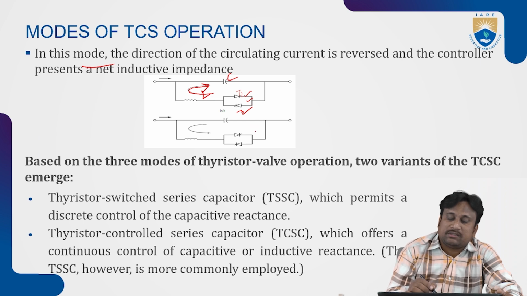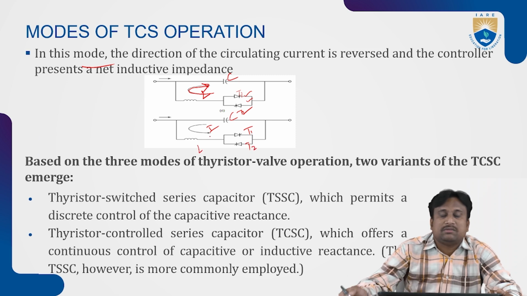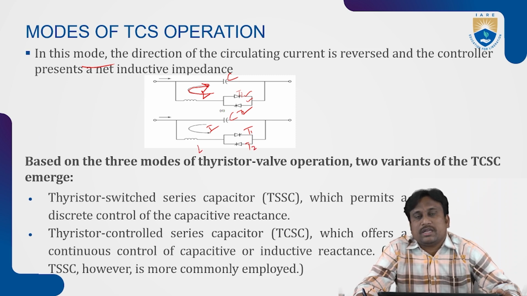The same case is assumed with the current I in the reverse direction, meaning the C exists with the anti-parallel thyristors and the inductor's existence will be there in the circuit.